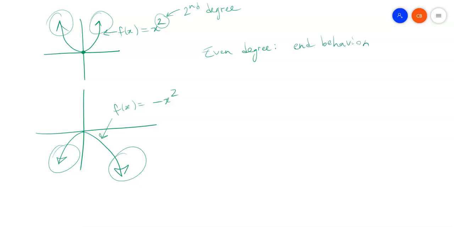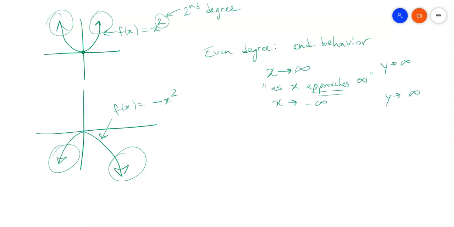In general, what we're going to write for the end behavior is this new notation with an arrow, where we will say as x approaches infinity. That's how we pronounce the arrow, this approaches thing. As x approaches infinity, y approaches infinity. And also whenever x approaches negative infinity, y approaches infinity.